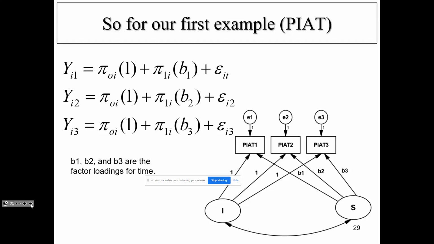With me? So what that means, no pun intended, is that I cannot estimate intercepts for these three variables. Because if I estimated an intercept here, here, and here, and a mean for this and a mean for this, that would be 5 parameters in the mean structure. But I only have as many pieces of information in the mean structure as I have observed variables.